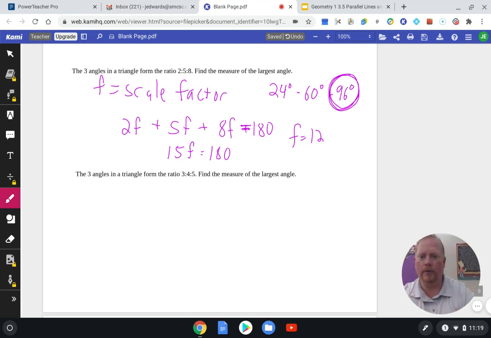Let's do one more like that. So I'm going to do the same thing. I'll take 3 times the scale factor, 4 times the scale factor, and 5 times the scale factor. Add them all up and set them equal to 180. So 3 plus 4 plus 5, we're looking at 12F.